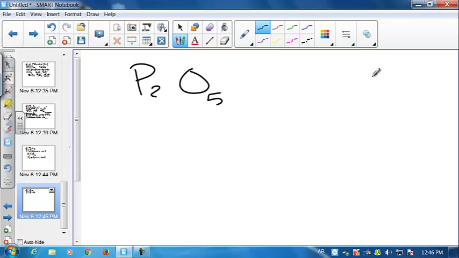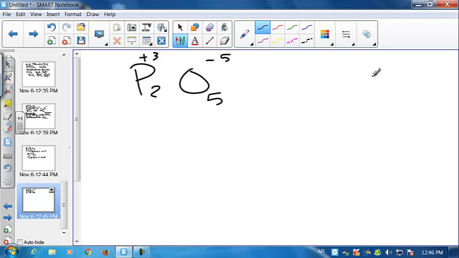So which will be positive, which will be negative? The less electronegative atom comes first, which is phosphorus, group 15, and electronegativity increases to the right. Oxygen is group 16, so it is more electronegative. So this takes a positive 3, and this takes negative 2, if you want the oxidation number.